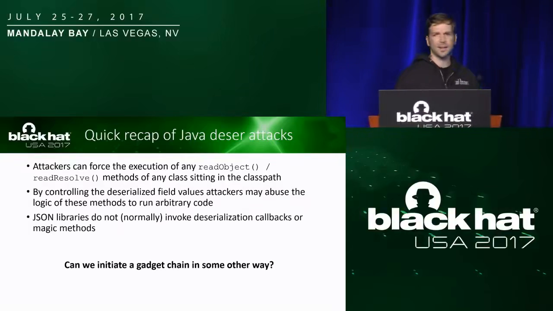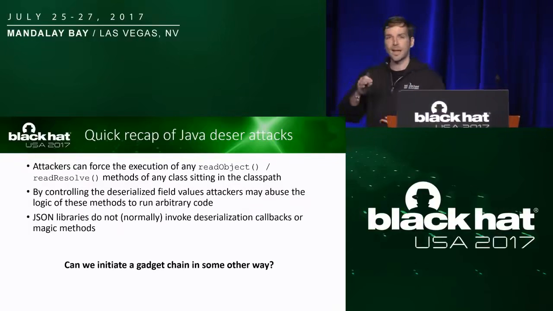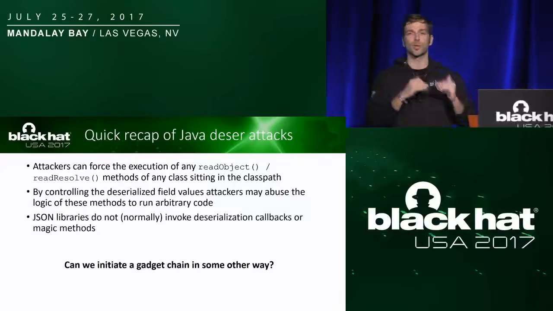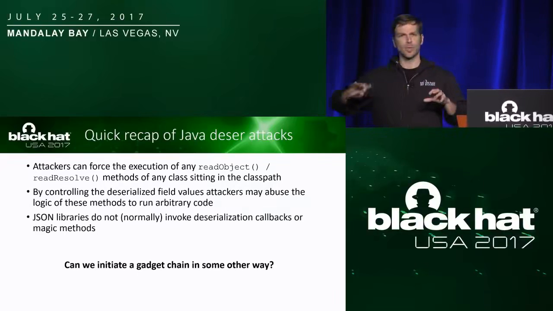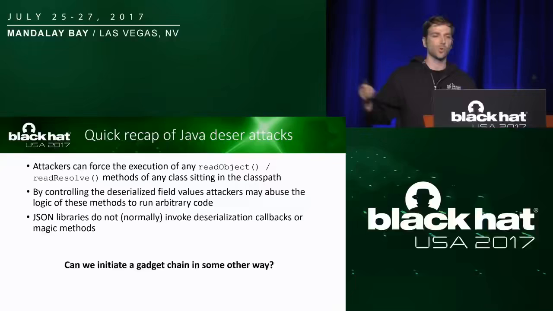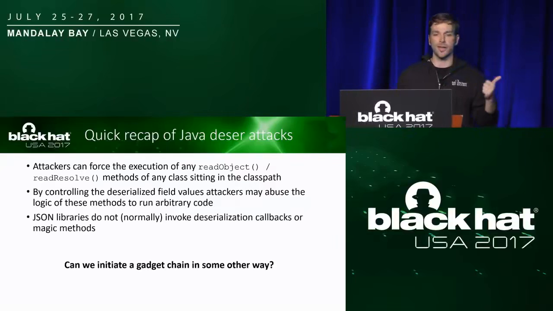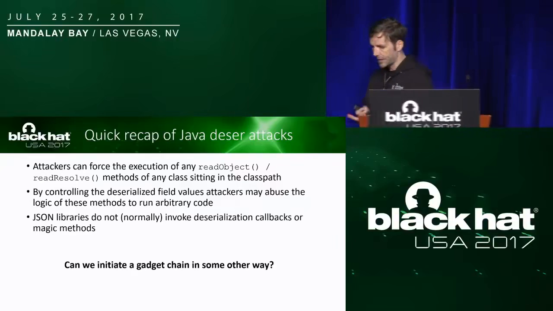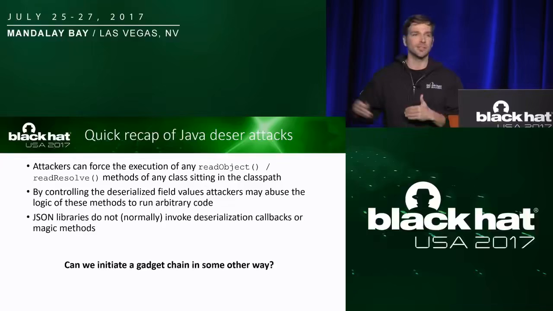So the attacker needed to find a type or a class containing a readObject or readResolve method, which could be chained together with other types or classes in order to assemble a gadget chain leading to arbitrary code execution. However, JSON libraries don't normally invoke any deserialization callbacks, so we need to start these gadget chains in a different way.